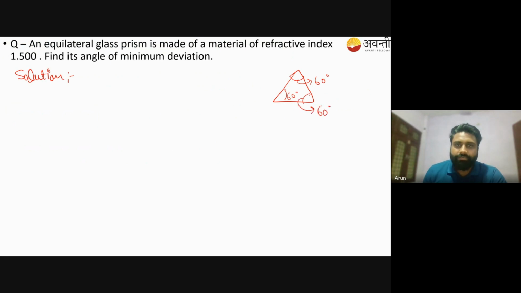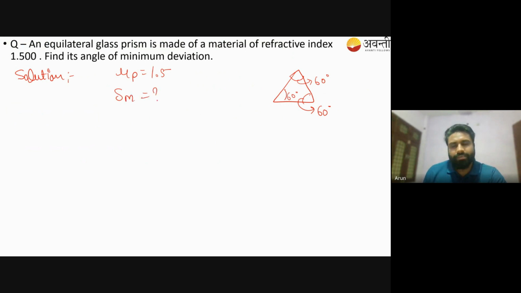What is the refractive index of the material? Here we have mu p, and mu p is 1.5. Okay. So we have to find out the minimum deviation, meaning delta m.